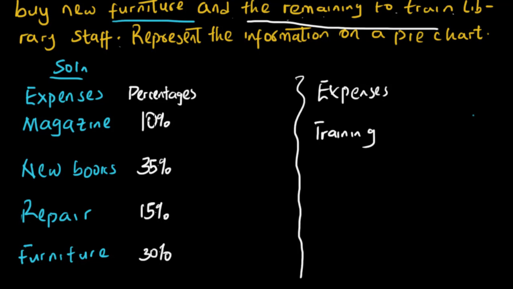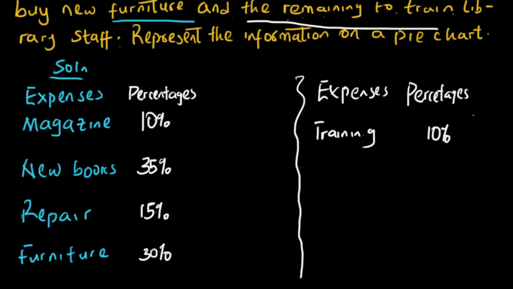Do you understand? So 10 plus 35 will give us 45. 45 plus 15 will give us 60. 60 plus 30 will give us 90. Then we have 100 minus 90 will give us 10. So it means that training is 10%.